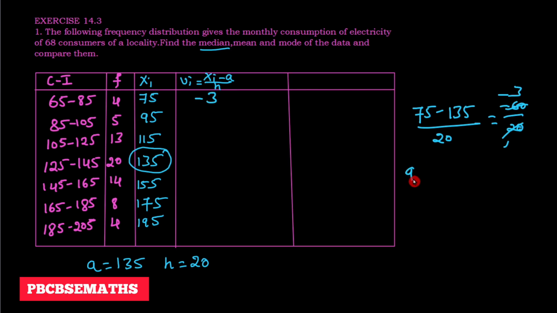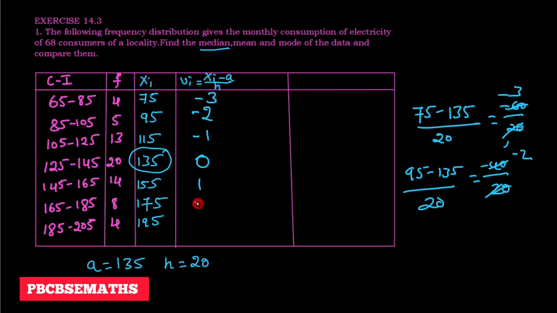In the same way, 95 minus 135 divided by 20 gives us minus 40 divided by 20, which means we get minus 2 here. In the same way, here we will write minus 1. Here the difference is 0. Here 1, 2, 3.